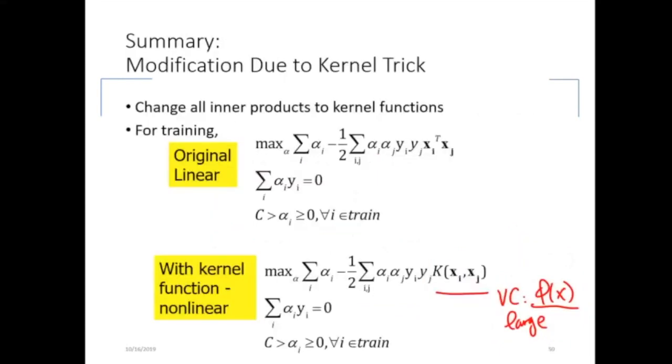In the original form, this is x transposition x for training, and this is the kernel form. And there's also a theorem that if you project to a really large space, the data can generally be nicely separated, or mostly separated, by allowing just small violations in the margin.